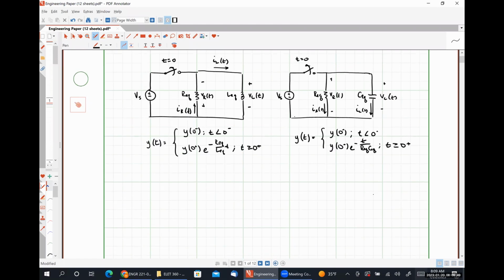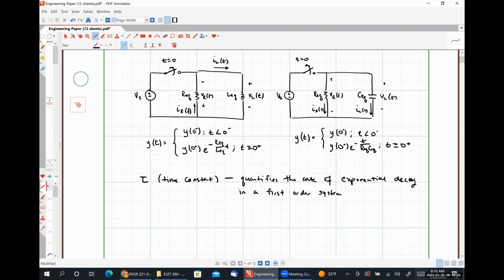So our time constant, tau, quantifies the rate of exponential decay in a first order system.